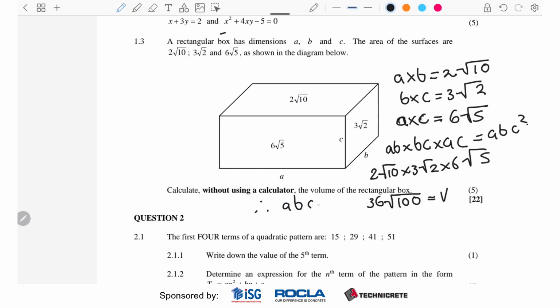Therefore, ABC squared is the same as 36 square root 100. Okay, so I'm going to square root both sides to get rid of the squared. So ABC will be equal to 36 times 100, which will be 360, which is the same as saying 6 is the square root of 10. Okay, that's it, guys.